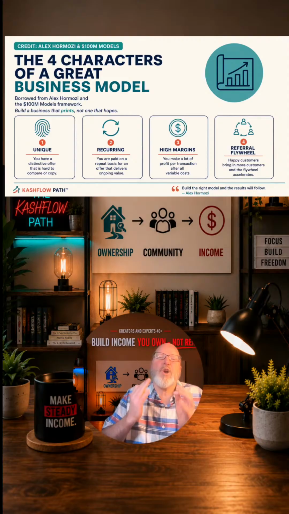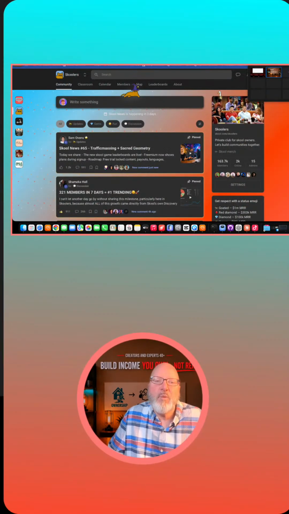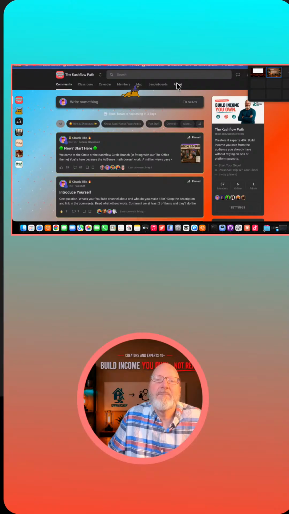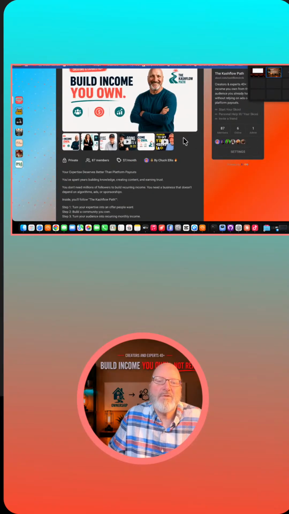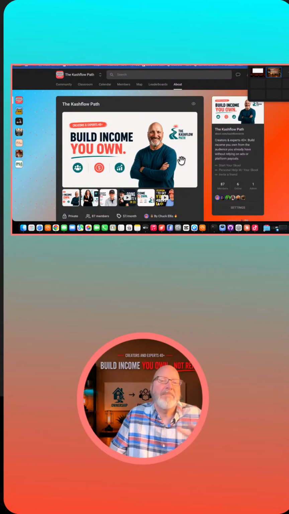Number two is it's a recurring income model, right? And the reason it's recurring is because when you look at a community like mine, you can go in here and you can see it's $7 a month. Now, I've got some upgrades inside of there if you want more help from me, but it's $7 a month to get this information.